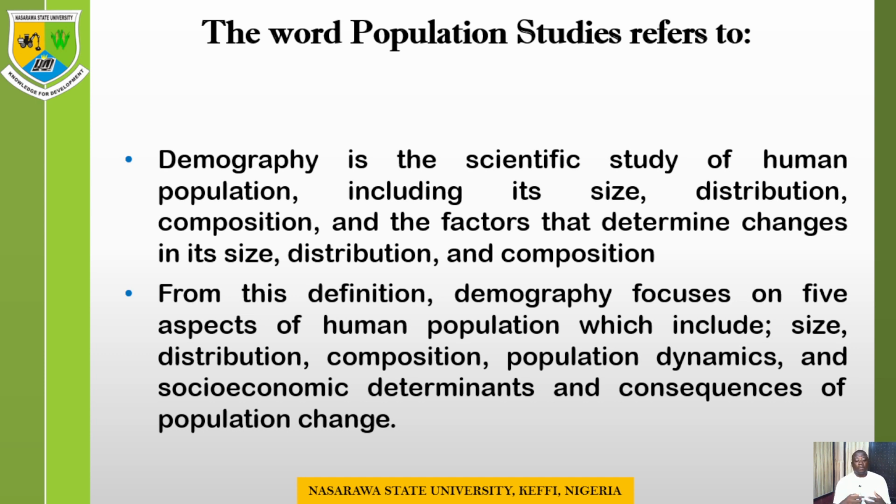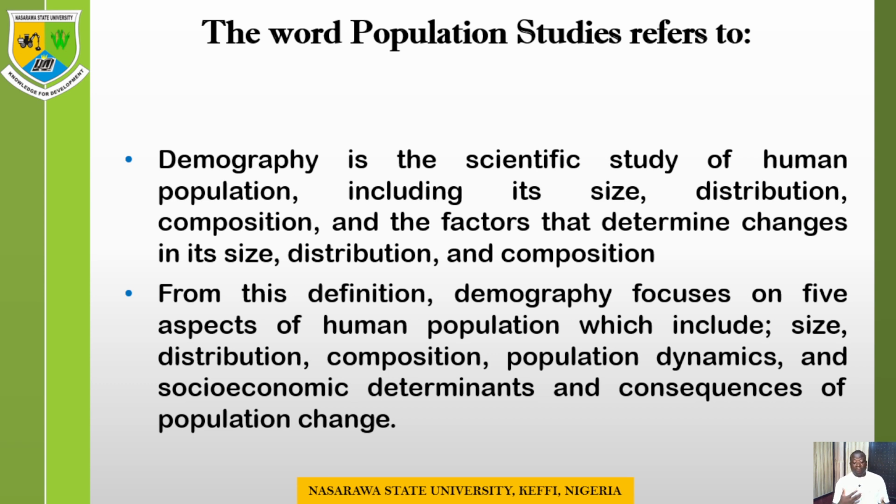That means demography is the scientific study of human population, including its size, distribution, composition, and the factors that determine the changes. What are the factors that determine the changes? We are looking at fertility and mortality, that means birth and death, because they affect the size, distribution, and composition of the population.